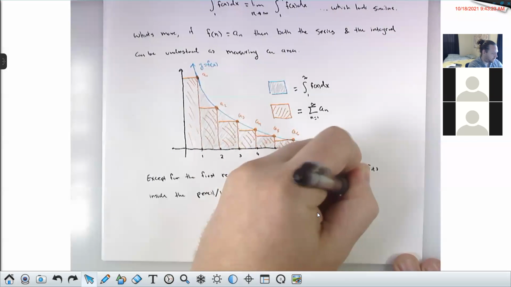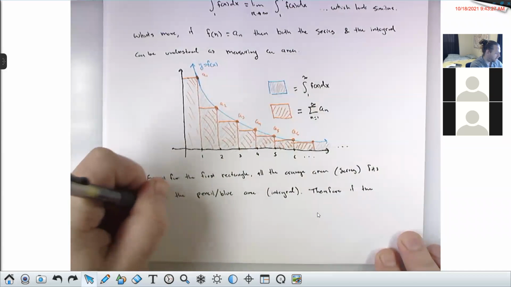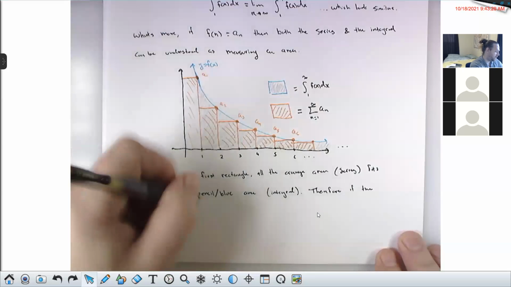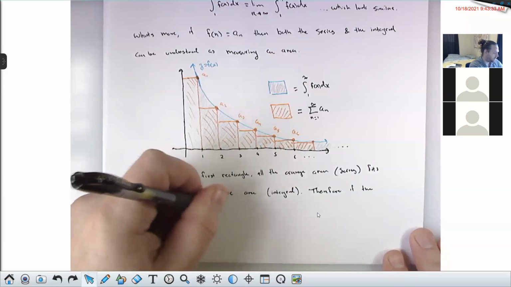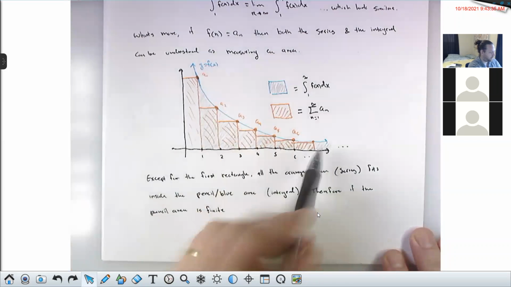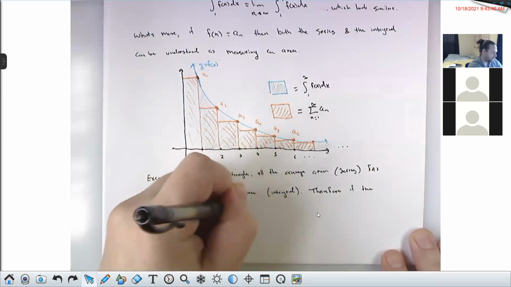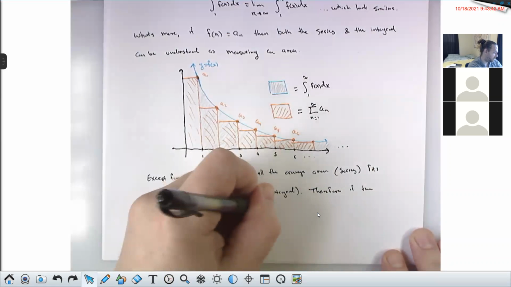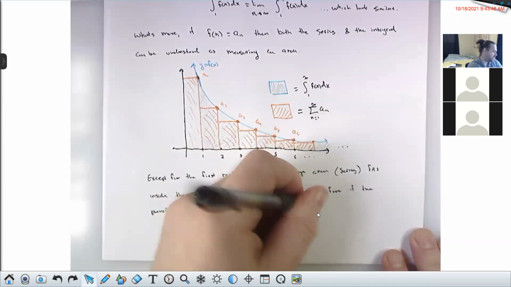Therefore, if the pencil area, again, the integral, is finite, and I mean not just this part of it, but all of it going all the way out to infinity, then so must be the orange area.